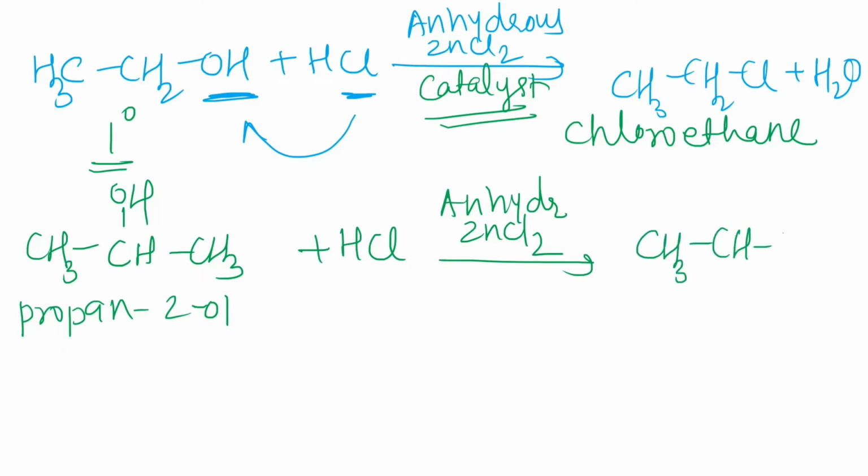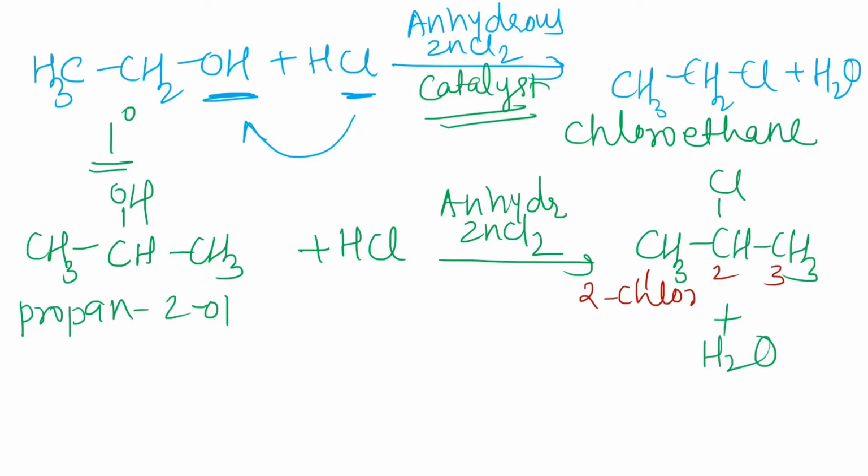I'm just replacing the OH with Cl and water is leaving as the byproduct. So what is its name? 1, 2, 3. So it is 2-chloropropane. But see, this is secondary, this was primary.